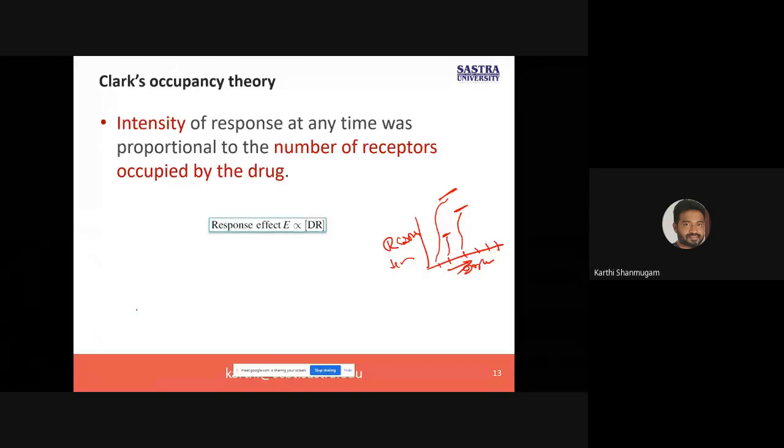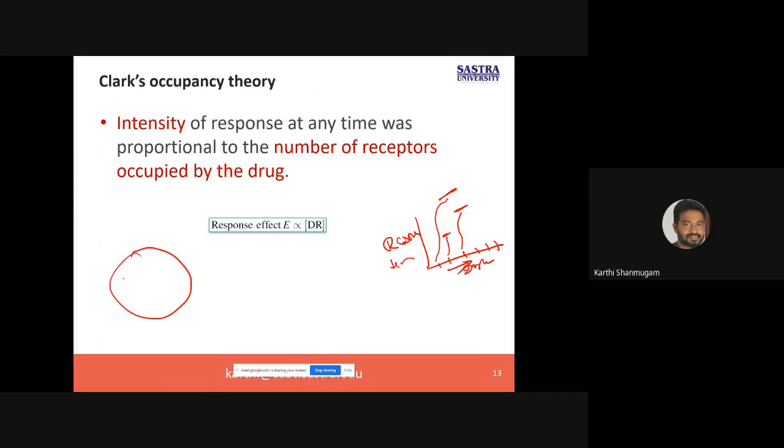Say, for example, you have a cell, and you designed a drug molecule targeting a protein, the drug target present inside the cell. If only one drug molecule binds to the receptor, we can expect some quantity of response. If two receptors are occupied by the drug molecule, we can expect more response, right?